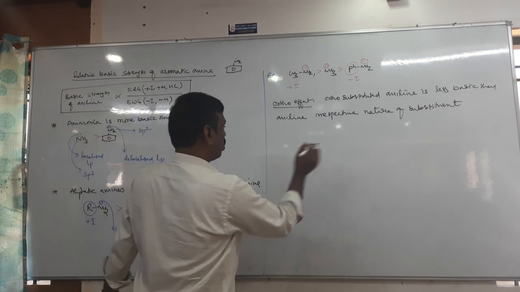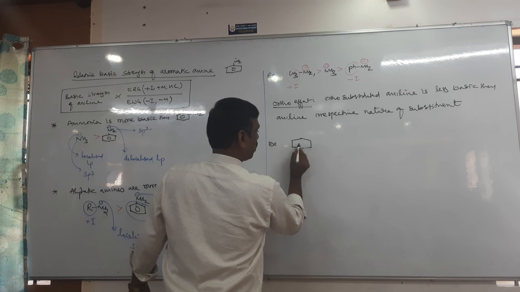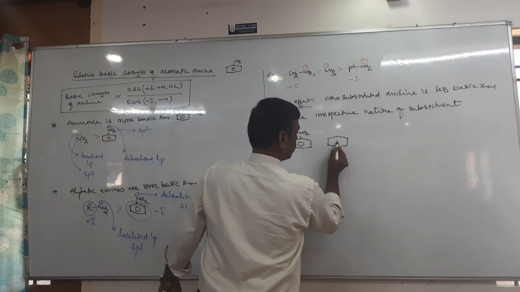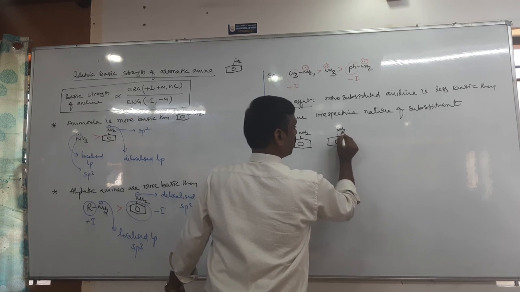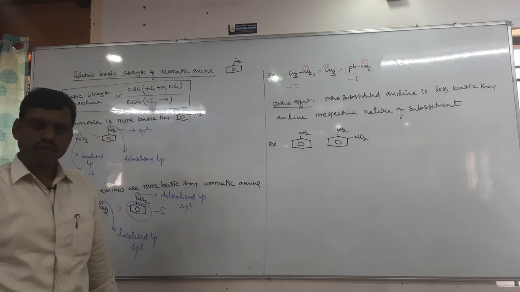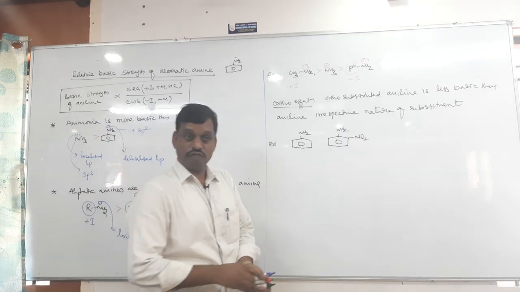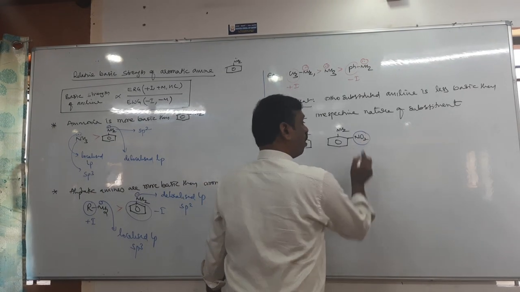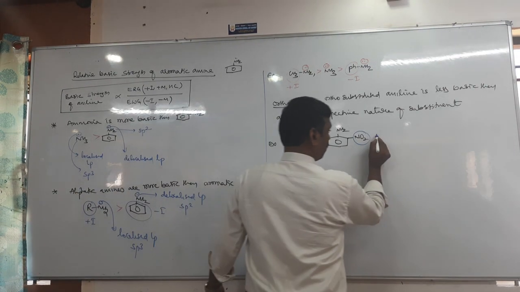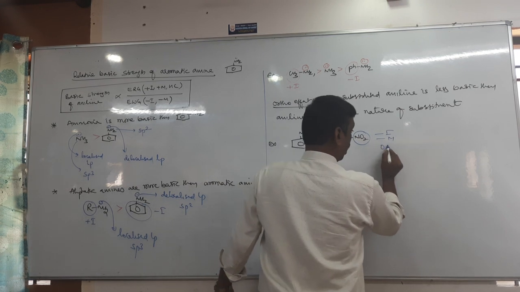So now let us see an example. Let us take aniline and ortho nitroaniline. Tell me which is more basic. In order to compare the basic strength, we need to check which effect this group exerts. One, minus I will be there; two, minus M will be there; and the ortho effect also.